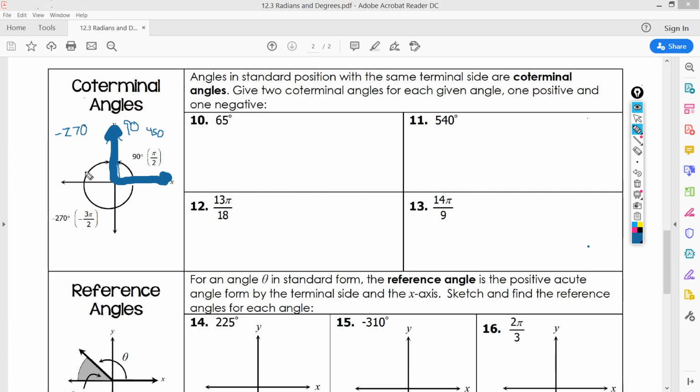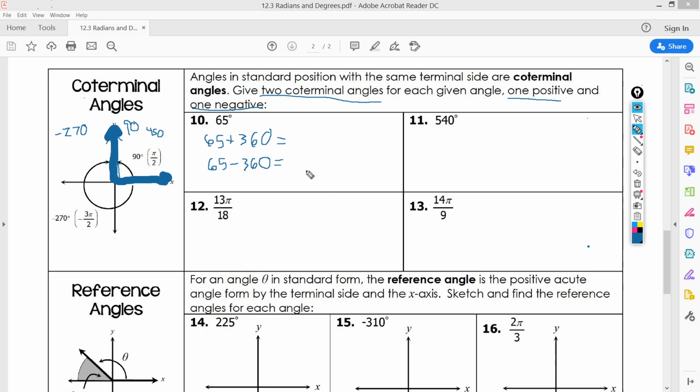So that's all these problems are asking for. It says, give two coterminal angles. Coterminal just means it's the same angle, but after one revolution around the circle, negative or positive, and it says give one positive and one negative. So all I have to do here is 65 plus 360 and 65 minus 360.